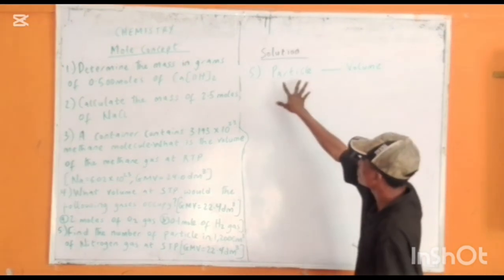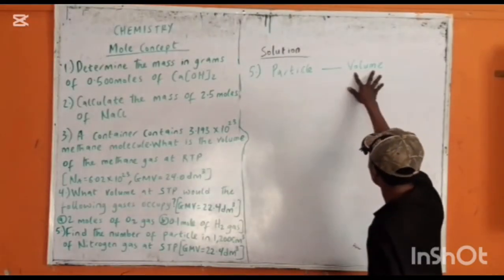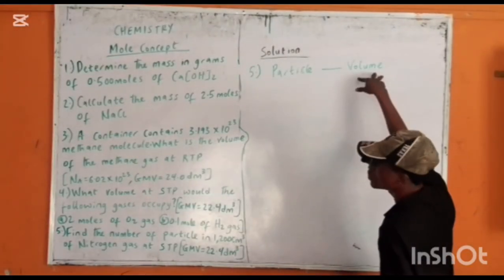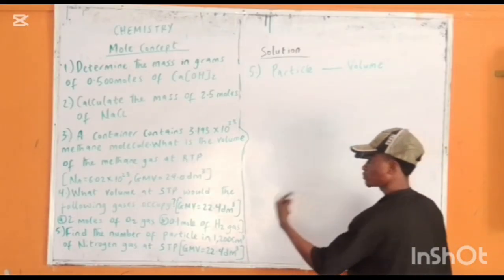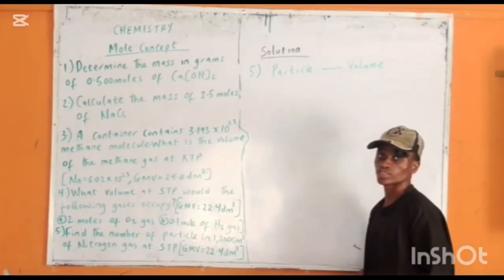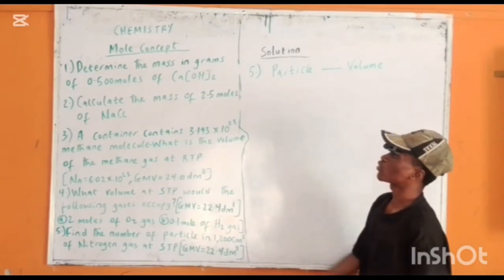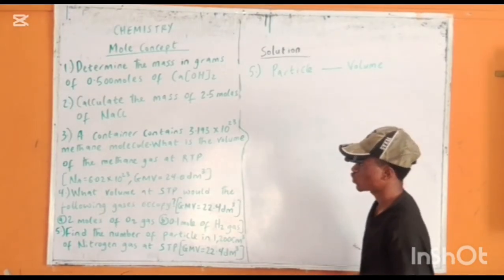So that is 1 mole for particle here. My 1 mole for volume is what? 22.4 dm cube at STP. So that is that about calculations under mole concept.